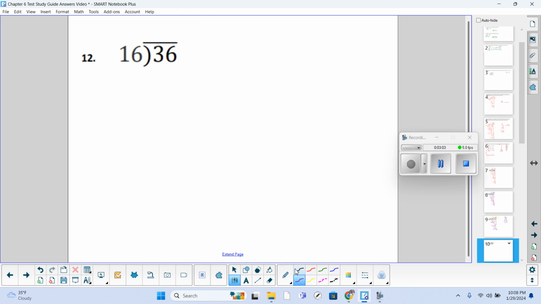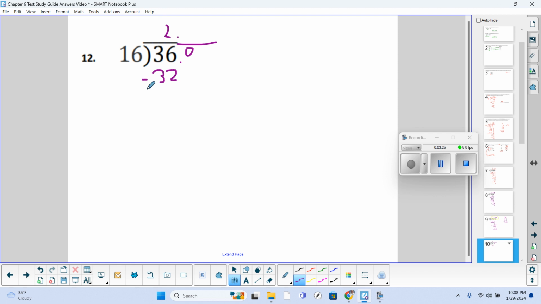So for number 12, how many times does 16 go into 36? Well, I know it's not going to go in evenly just because I know 16 times 2 is 32. So I'm going to add in at least a 0 here, see what we get. 16 goes into 36 2 times. 2 times 16 is 32.